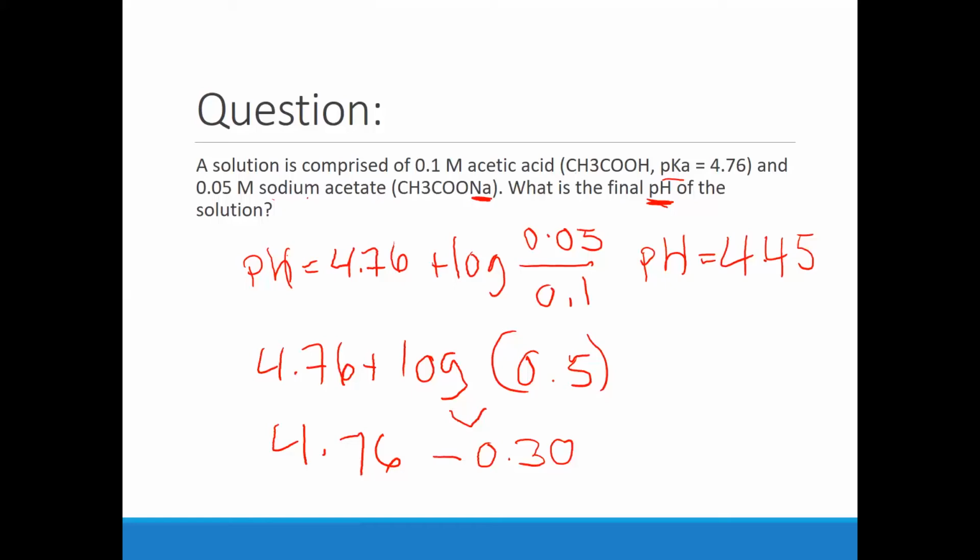So it's the same thing, 4.76 minus 0.30. And that equals what I've calculated here, 4.45.